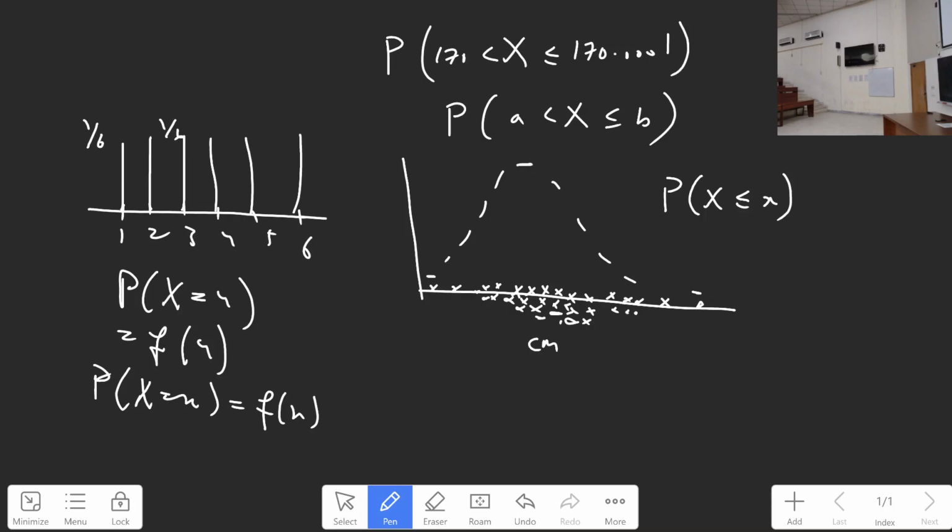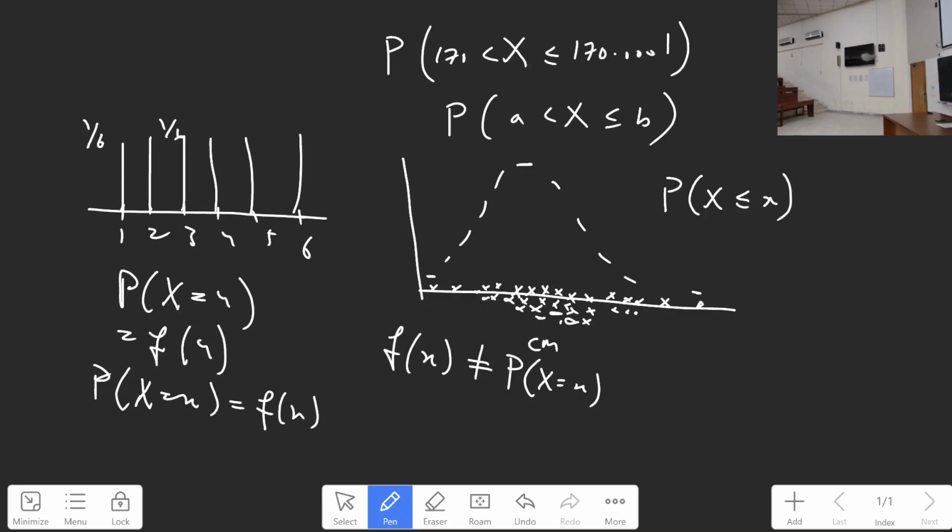Right, so what we will do now is we will define a function for continuous random variables. We will call it fx. Okay, that fx will not represent probability x equals x. Okay, we already established that, because that will make no sense.